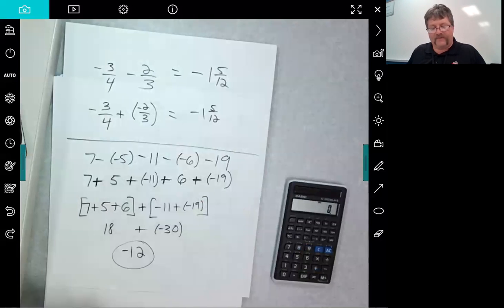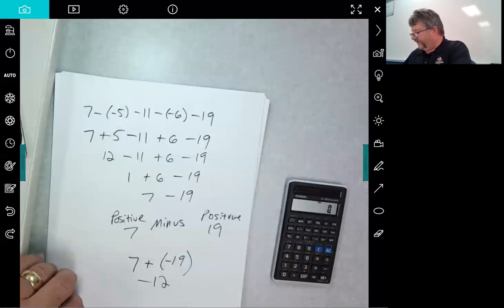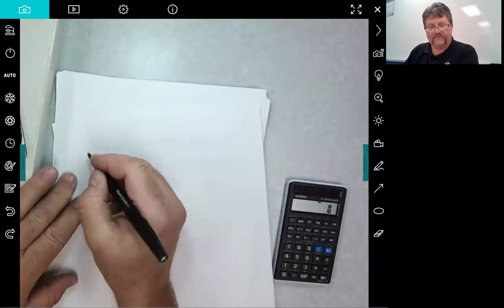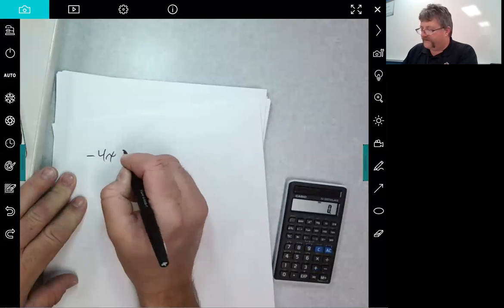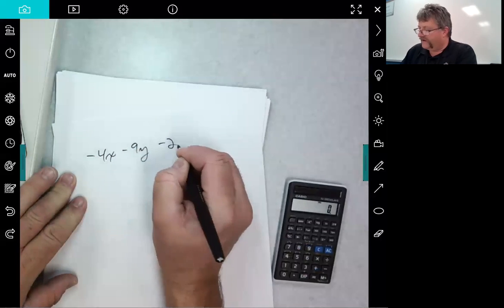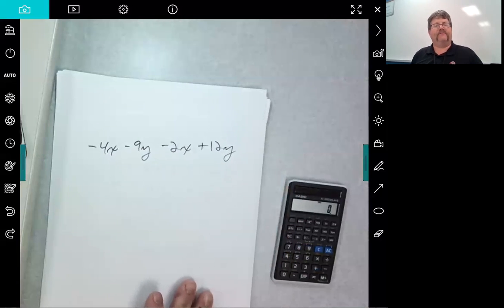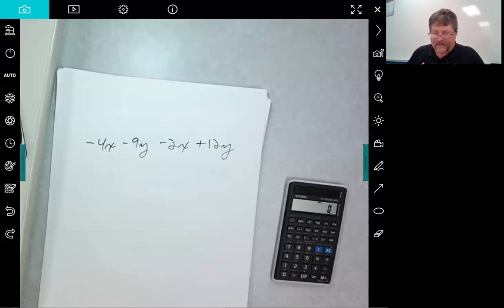Okay, I bet we're real long on time. Just let me throw one in with the XYZs here. Negative 4x minus 9y minus 2x plus 12y. Again, I personally, but I've got a lot of experience doing this, don't rewrite it unless it's a minus negative, because in my mind, it's already an addition problem.